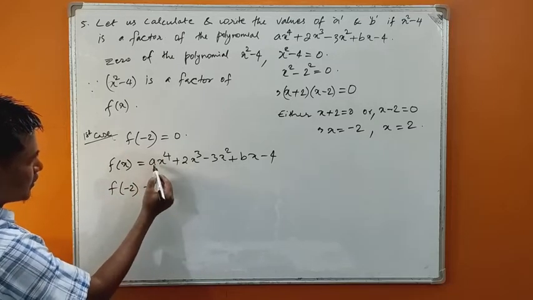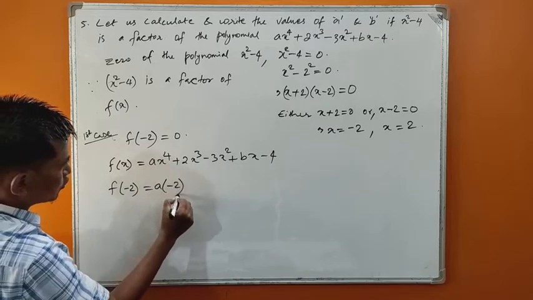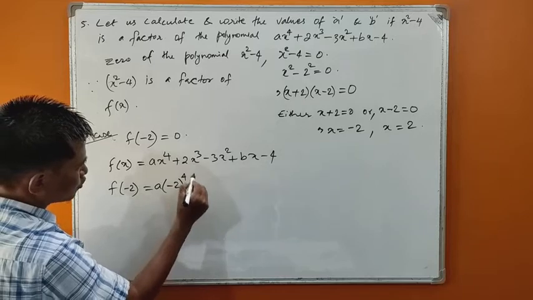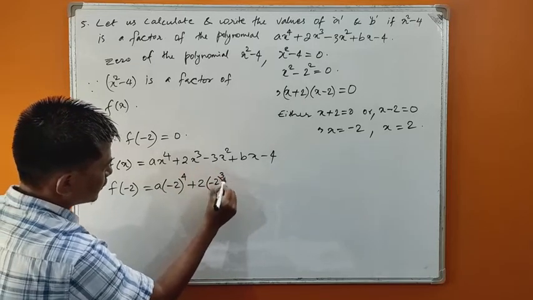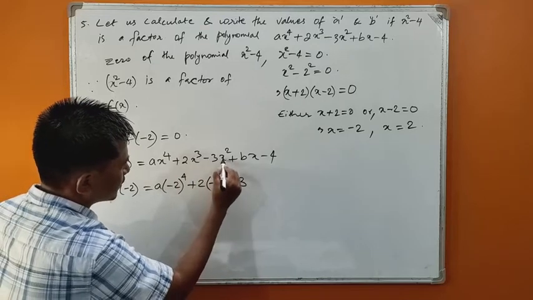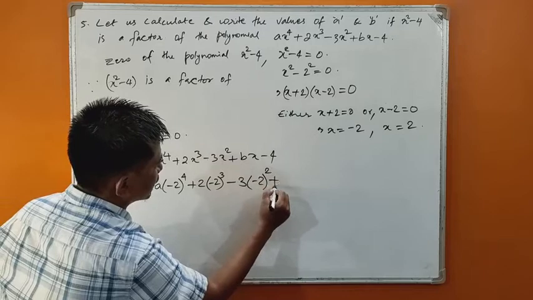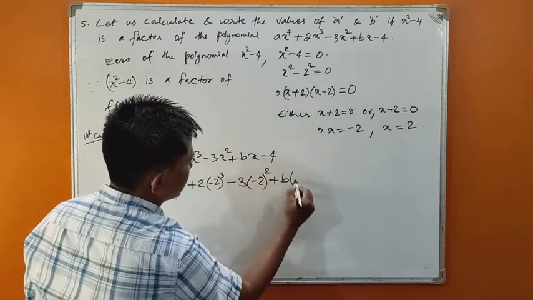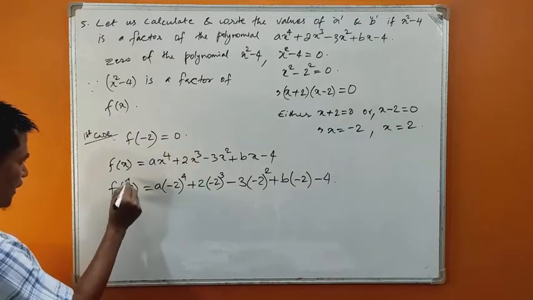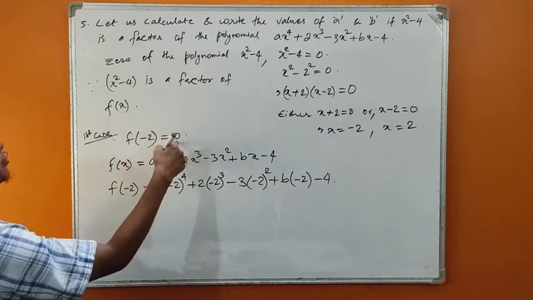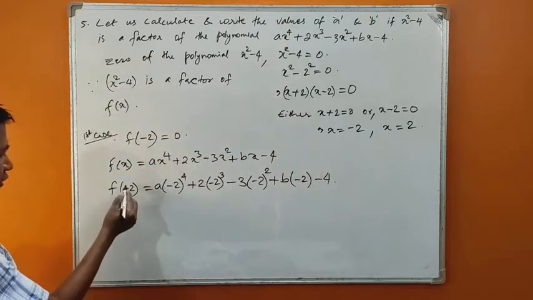a(-2) whole to the power 4 plus 2(-2) whole cubed minus 3(-2) whole square plus b(-2) minus 4, isn't it? Since f(-2) is the remainder and the remainder should be equal to 0 because this is a factor of the expression, f(-2) is 0.